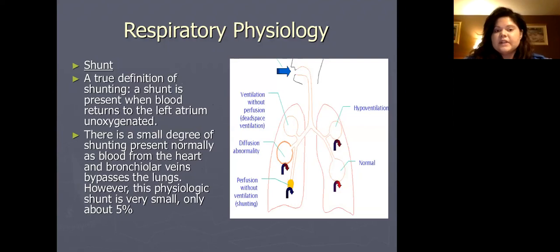As far as shunting, a shunt is present when blood returns to the left atrium unoxygenated. There's a small degree of shunting present normally as blood from the heart and the bronchiolar veins bypass the lung. However, this physiological shunt is very small, and it only accounts for about 5%.